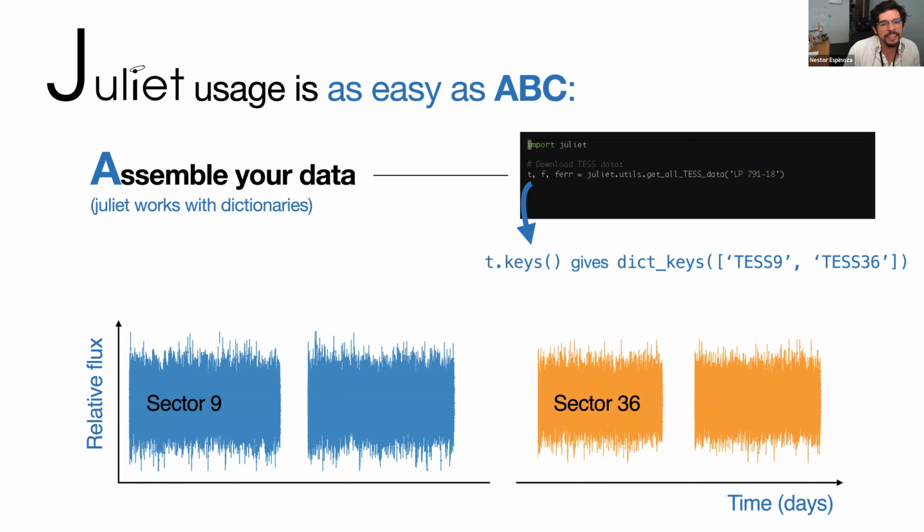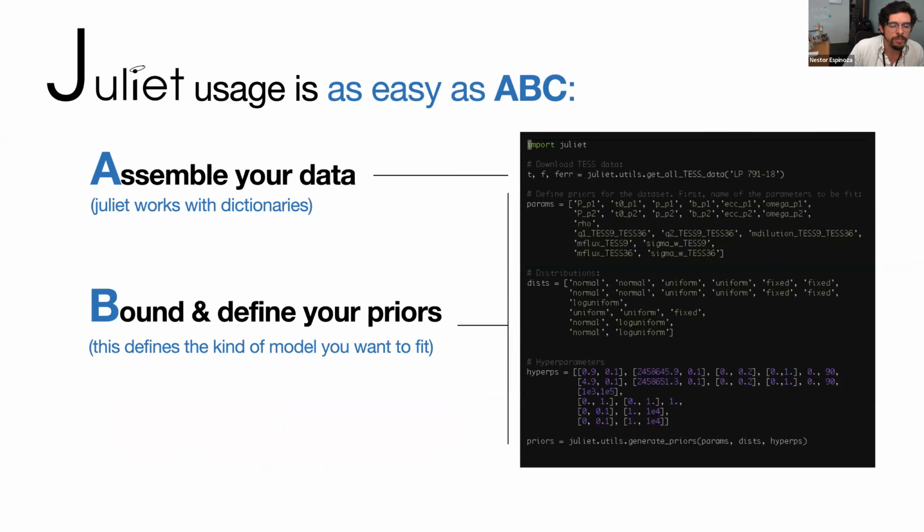That's the B in this ABC: to bound and define your priors. Basically, you have to define priors for your fit. At first this might seem a bit daunting, but once you get the hang of it, it's pretty intuitive because there are 3 main parts that you have to define. First of all, there's a set of parameter names that you define. That's the top line here in these yellow encircled things.